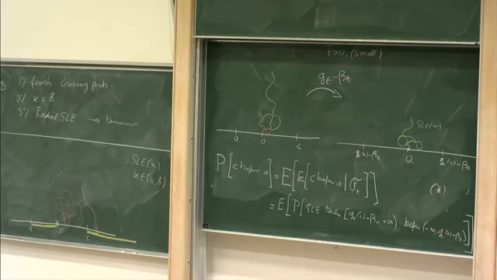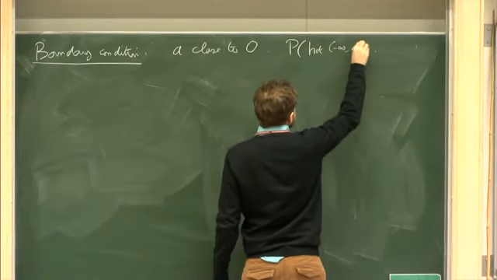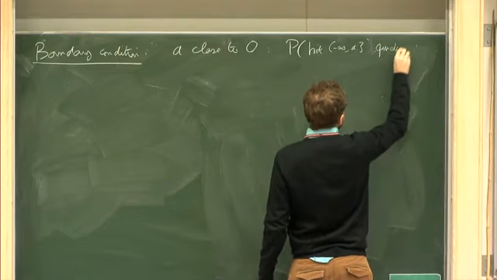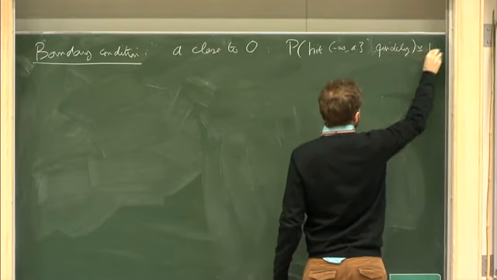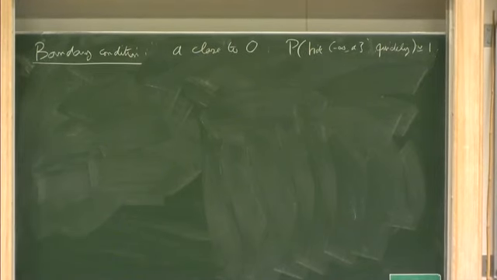So if A is very close to 0, then the probability to hit minus infinity A quickly is close to 1. That's a bit informal, but you can make it exact by looking at the behavior of Bessel processes.